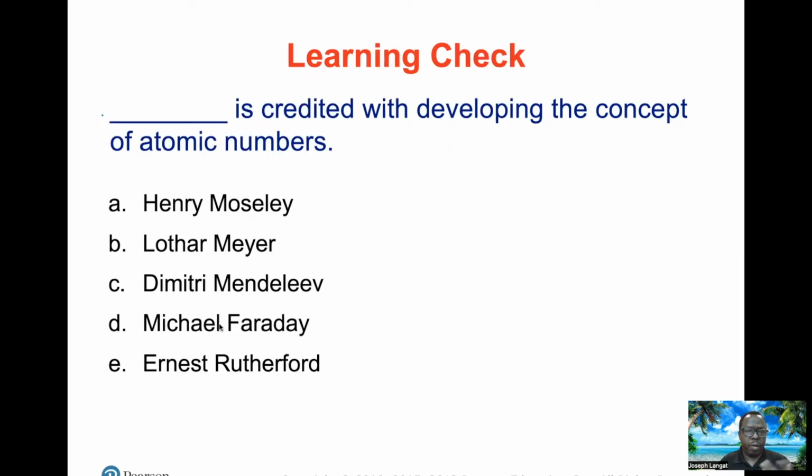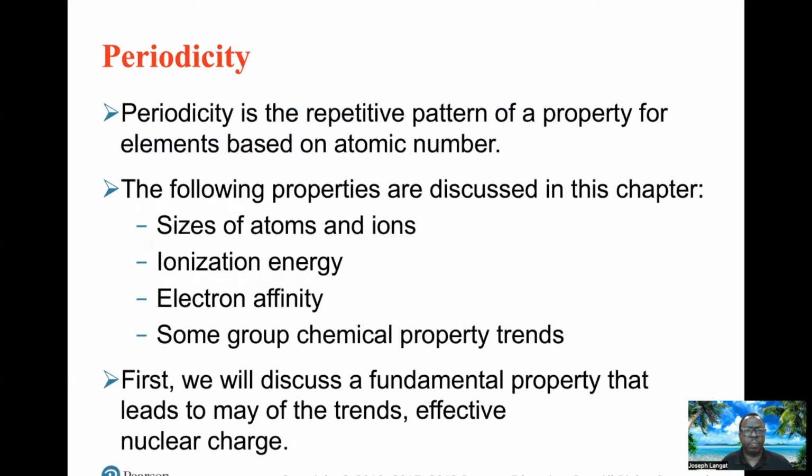Now, Michael Faraday, I think this is physics, so we're not going to get into that. Ernest Rutherford is credited for the nuclear model of an atom. We talked about this previously. Now, periodicity is simply the repetitive pattern of properties for elements based on atomic number.